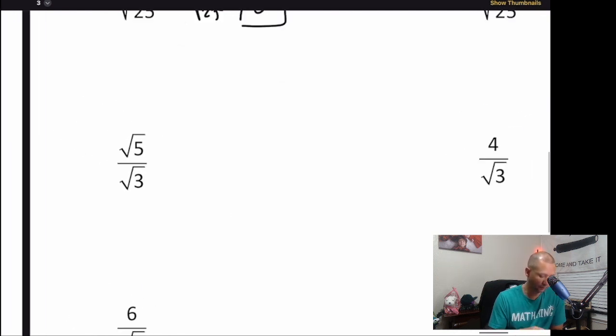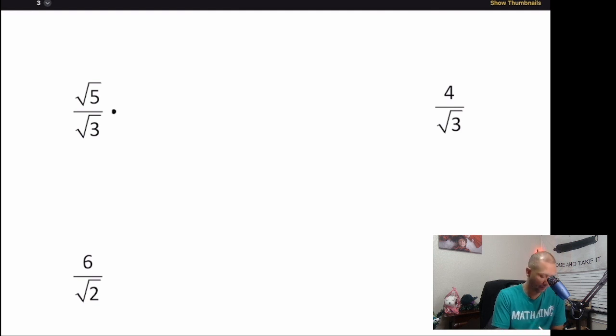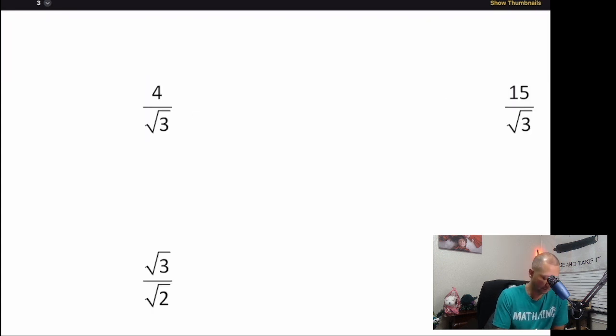Okay, so can't be simplified anymore. Root 3 over root 3. So immediately, when you can't simplify it, whatever that denominator is, that's what you're going to multiply the whole fraction by, top and bottom. And the bottom by design would just be 3 over root 15. All right, root 3 is in the bottom. Immediately, I know that that's what I'm going to multiply top and bottom by.